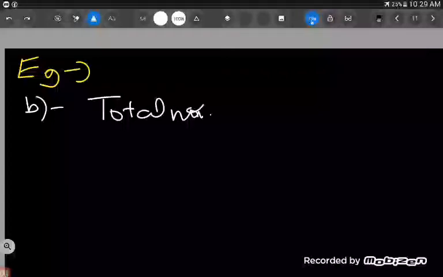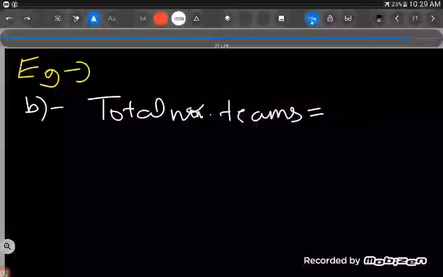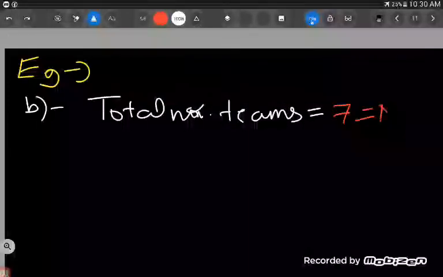So I will take 7 here. You can take 5, 7, 9. You will follow all the instructions and all the steps as a rule.